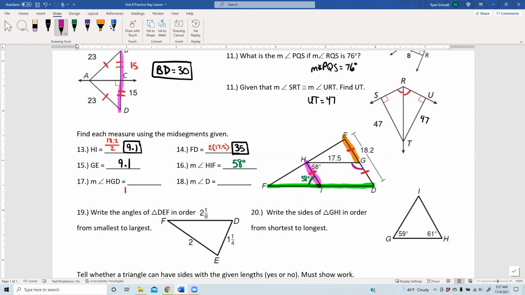So I have to do 180 minus 58. That's going to give me 122 degrees. This angle is 122.